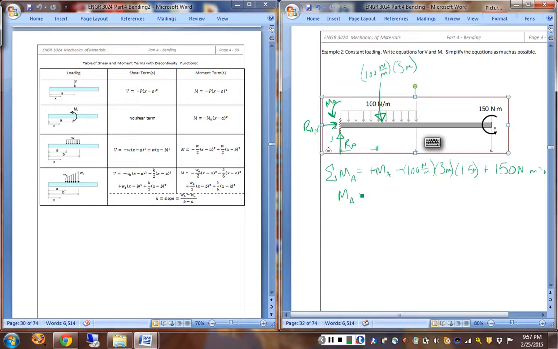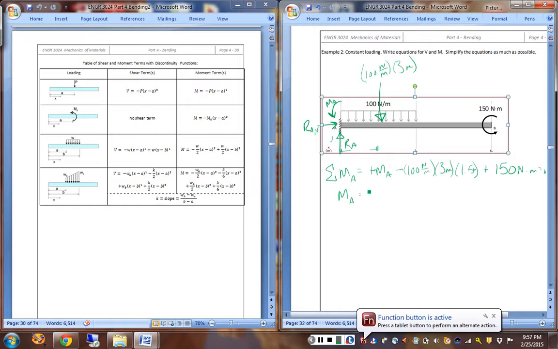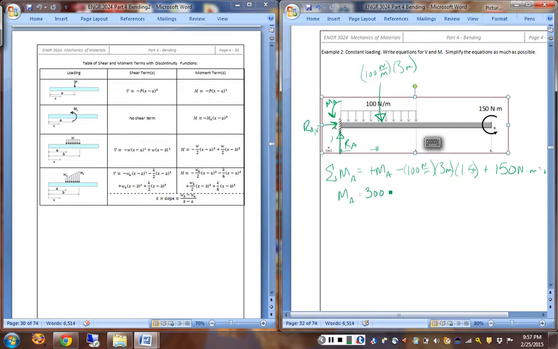We can solve for the moment at A, and we end up with 300 times 1.5 is a minus 450 plus 150 is a minus 300, or on the other side of the equation is 300 Newton meters.